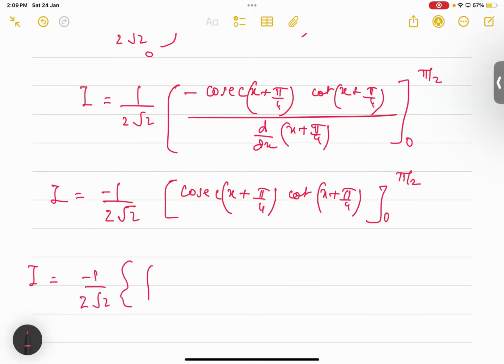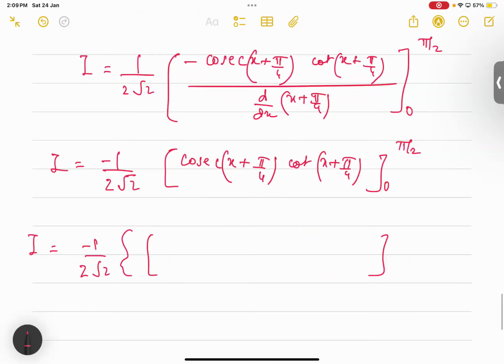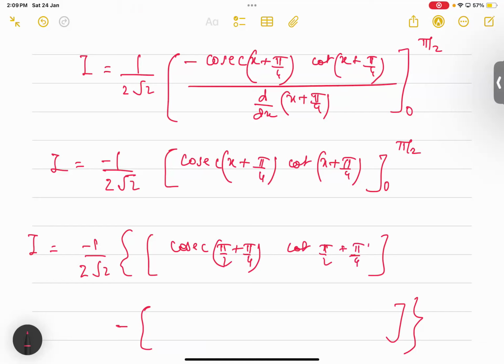Minus 1 upon 2 root 2, box minus box. Don't write in one step. Cosec of pi by 2 plus pi by 4, cot of pi by 2 plus pi by 4. And this will be cosec of 0 plus pi by 4, which is pi by 4, into cot pi by 4.